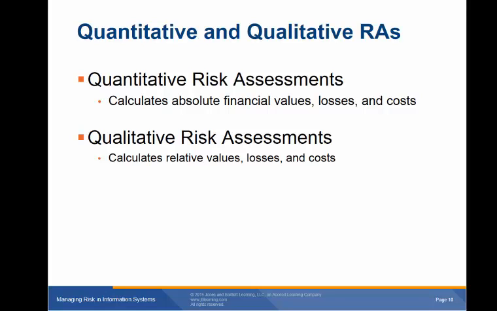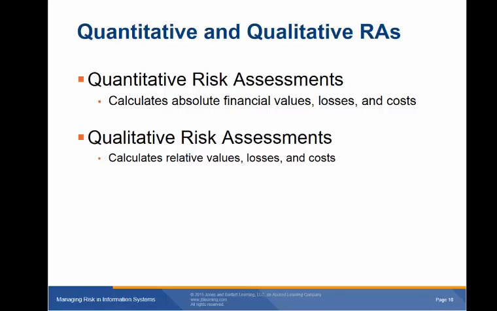A quantitative risk assessment, as we mentioned, uses numbers such as dollar values. You gather data and then enter it into a standard formula. The result can help you identify the priority of risk. You can also use the results to determine the effectiveness of controls.